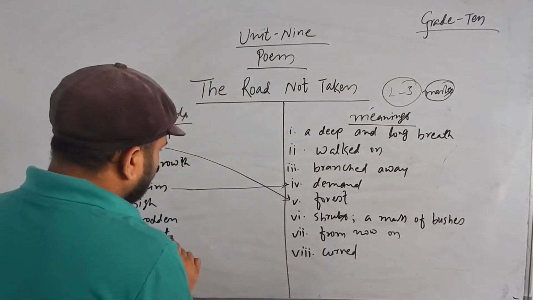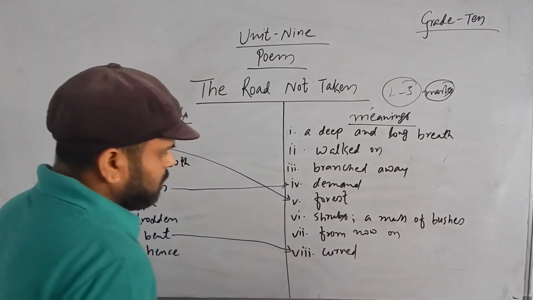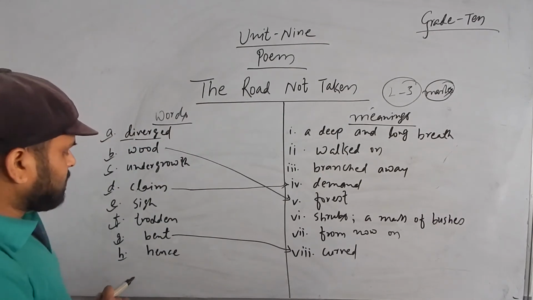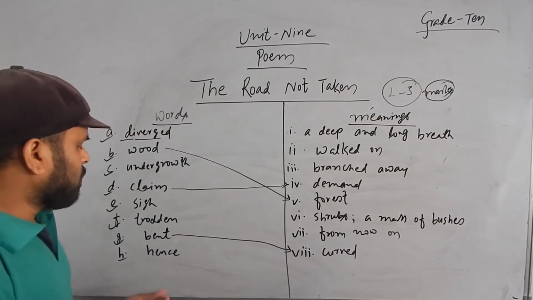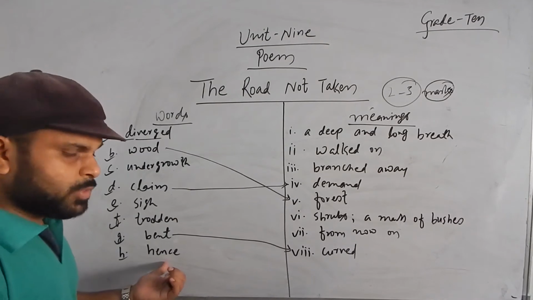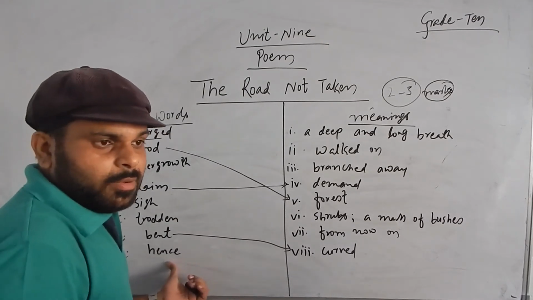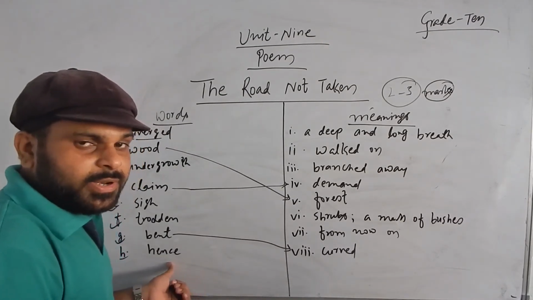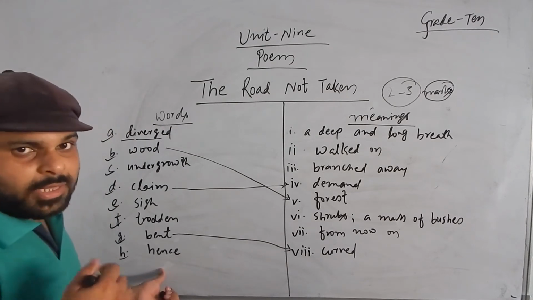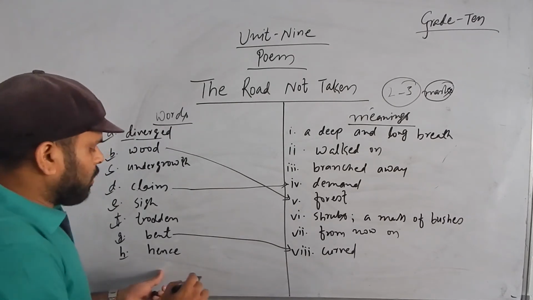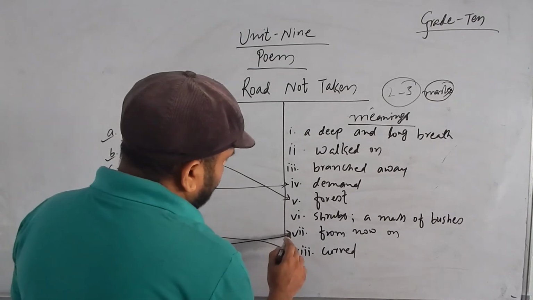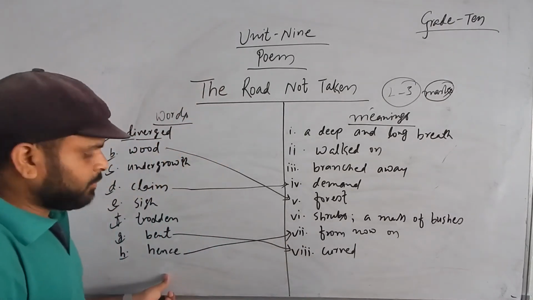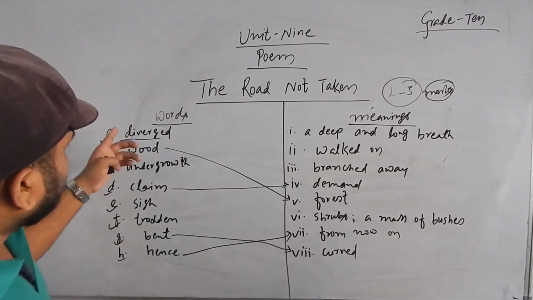Of course, curved. Right? Next, hence. You have been using these words in mathematics and most of the subjects you read. Hence, above. From now on. Right. From now on.